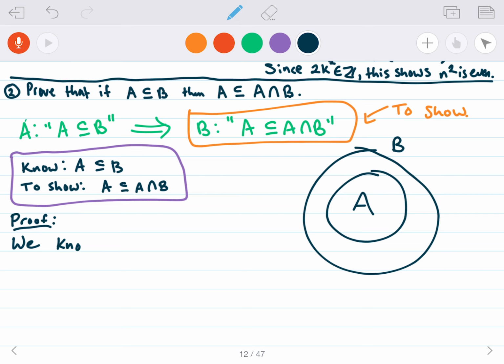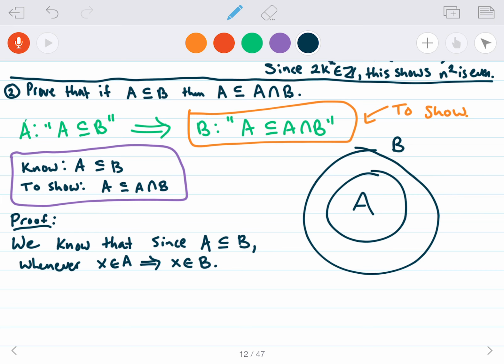So we know that since A is contained in B, whenever x is in A, this implies, that's that arrow, that x is in B. Okay, that's what we know.